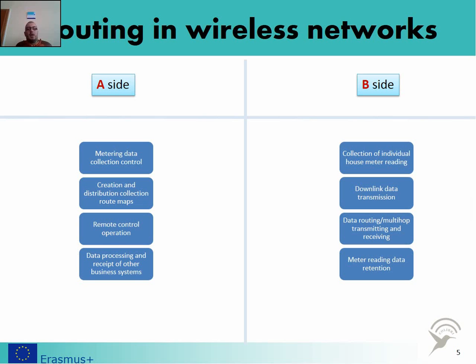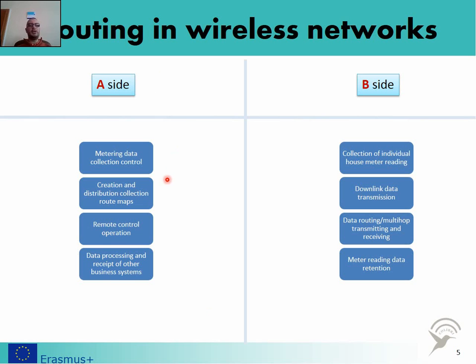Okay, so just to organize the responsibilities of the sides we saw on the last slide. The A side is responsible for metering and data collection, and of course control of that.